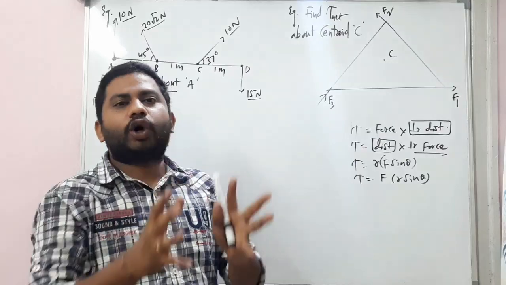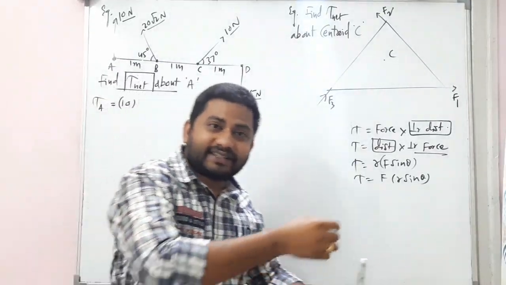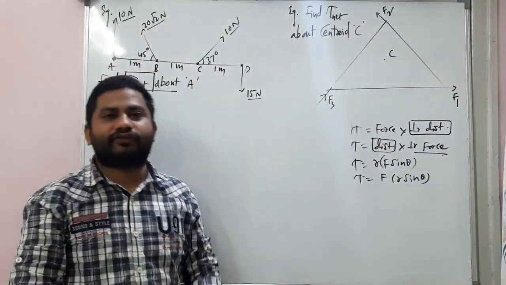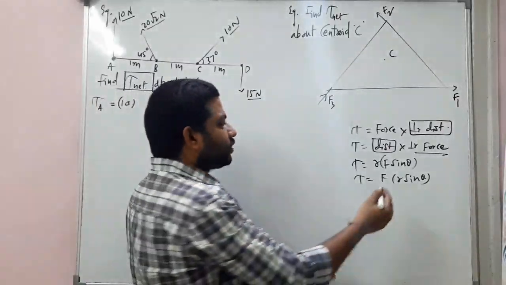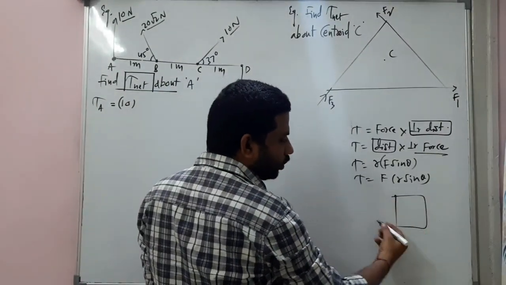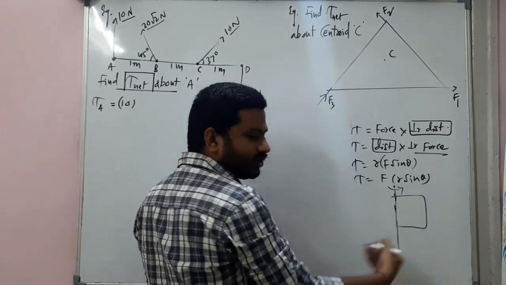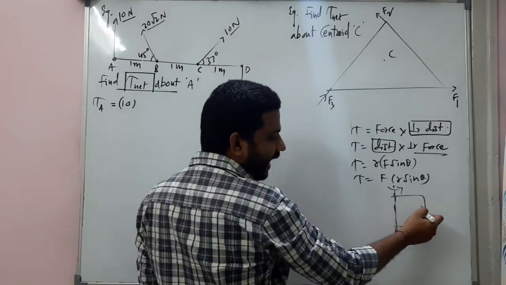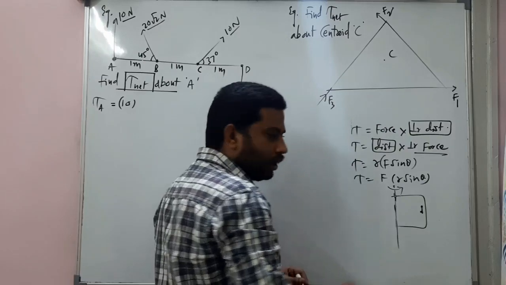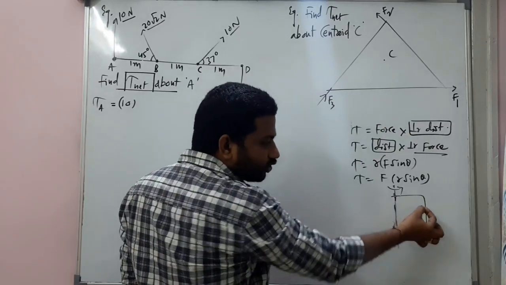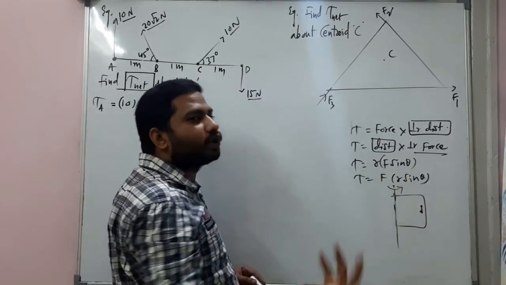In the case of our door example, we applied the force on the hinge of the door. This is the case we have discussed. This door, this hinge: about this axis of rotation the door is rotating, and this is the handle. I can apply some force on the handle so that it rotates smoothly.